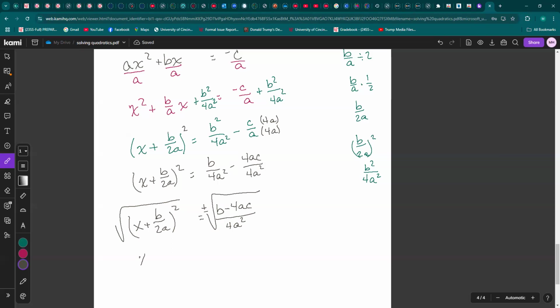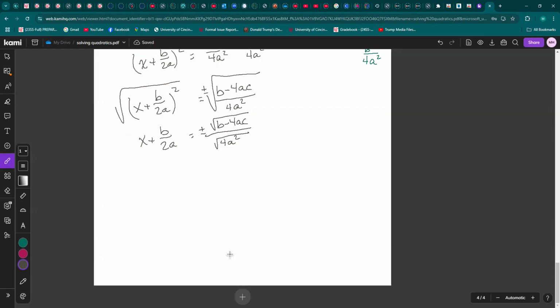So I have x plus b over 2a equals plus or minus the square root of b minus 4ac over the square root of 4a squared.